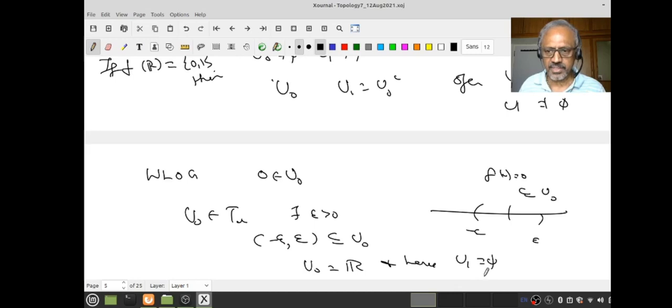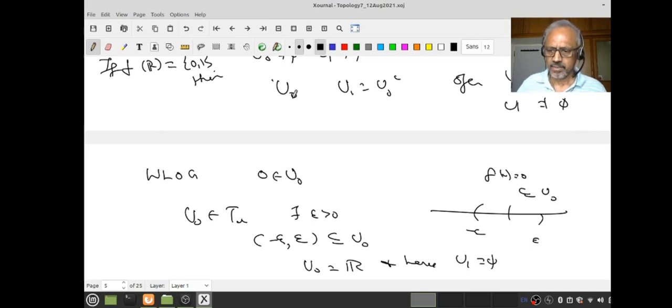This contradiction shows f of R cannot be both, f cannot take both the values 0 and 1. F of R cannot be the two elements 0, 1. Since I already assumed 0 belongs to U0, that means f of R has only one element, namely 0. That is, f is a constant. Do you get what I am saying?